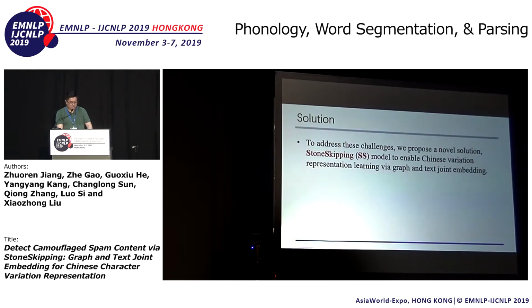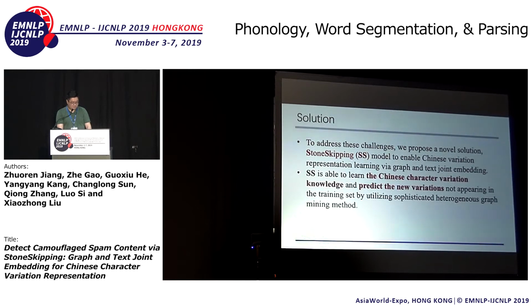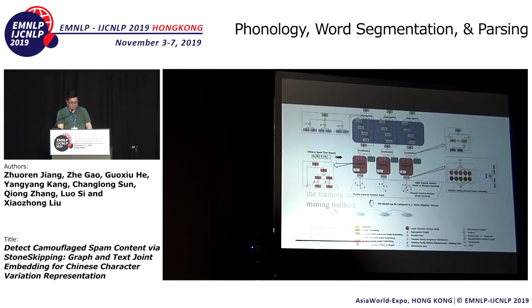So we propose a new solution, StoneSkipping, to enable Chinese variation representation learning via graph and text joint embedding. This model is able to learn the Chinese character variation knowledge and predict new variations not appearing in the training set by utilizing sophisticated heterogeneous graph mining methods.